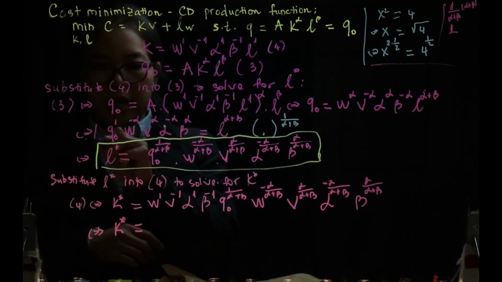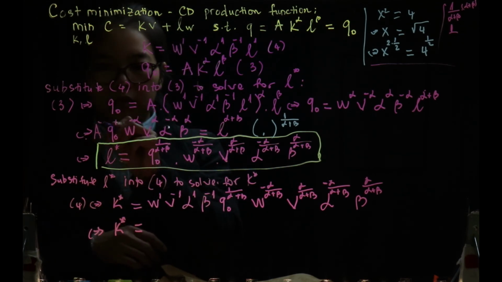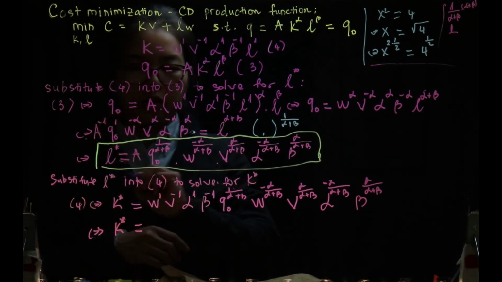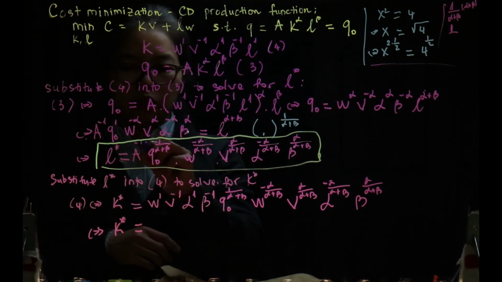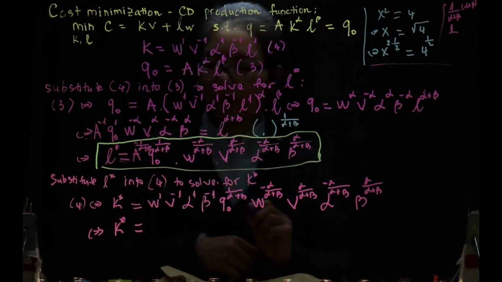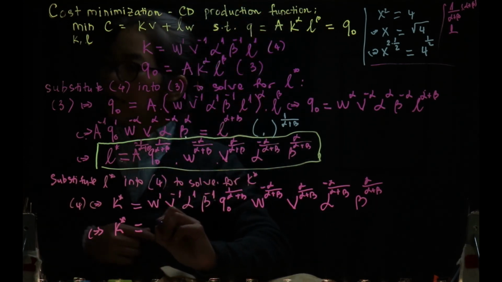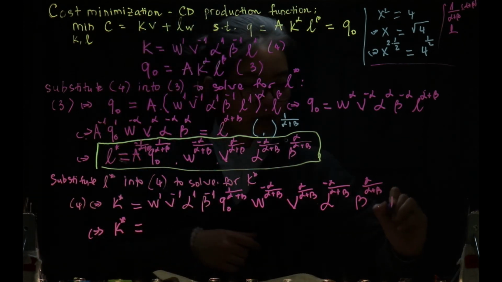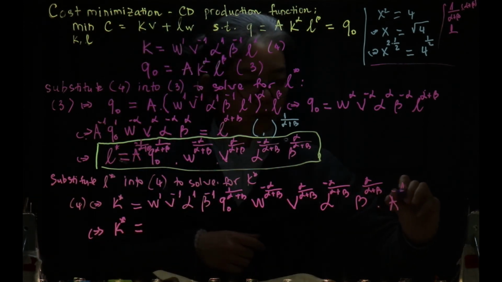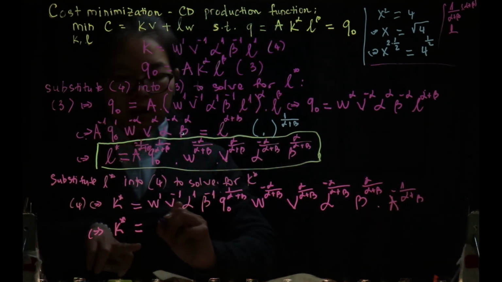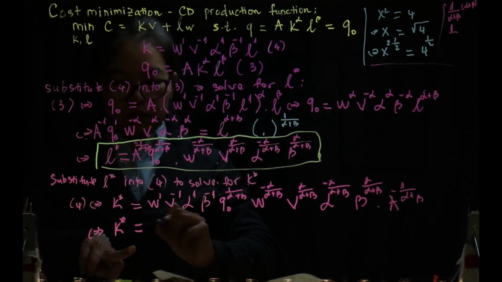Let's write A to the power of minus 1 here. So A to the power of minus 1 over alpha plus beta. Yeah, that's right. Okay, so now we have again A to the power of minus 1 over alpha plus beta over there. Now I remove it.